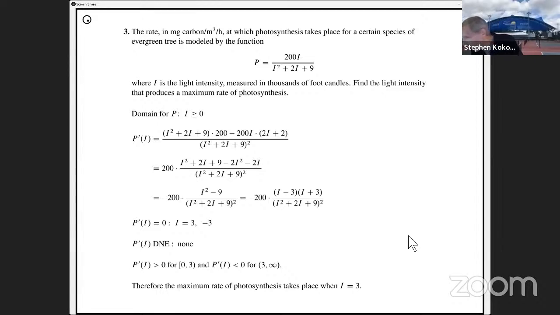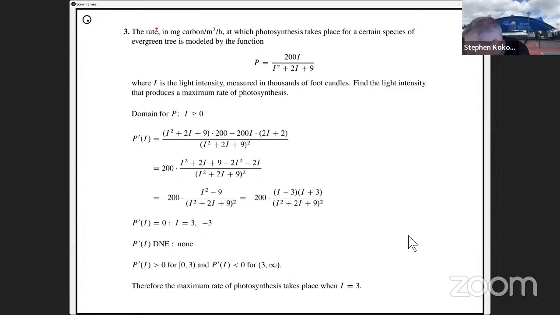The rate in milligrams of carbon per meters cubed per hour at which photosynthesis takes place for a certain species of tree, evergreen trees, is given by this function, where I is the light intensity. One might think that the greater the light intensity, the greater the rate of photosynthesis.